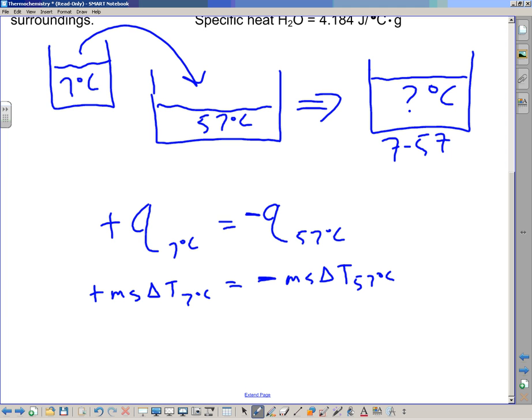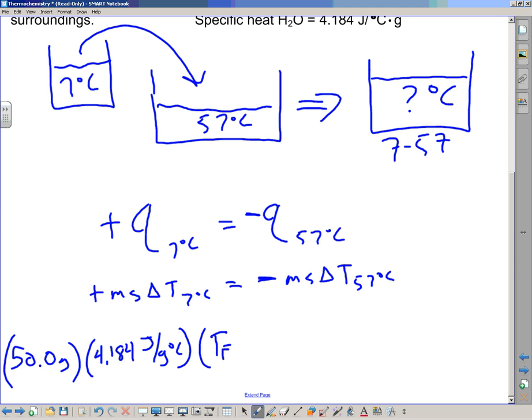The 7-degree sample we said was 50 grams times the specific heat of water, 4.184, TF minus the 7-degree temperature, excuse me. Now I wrote equals, and I wrote the negative, because remember, this 57 needs to be negative. It's got to decrease.